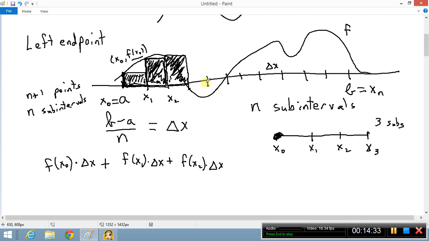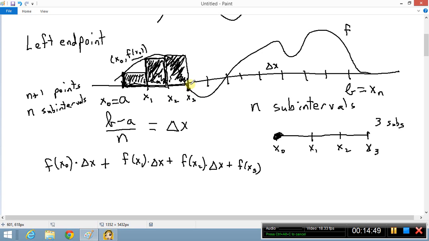What happens when you get into this part where you have negative y values? Well, it's the same thing. The next point would be f of x3, and in this case x3 is going to give us a negative y value.